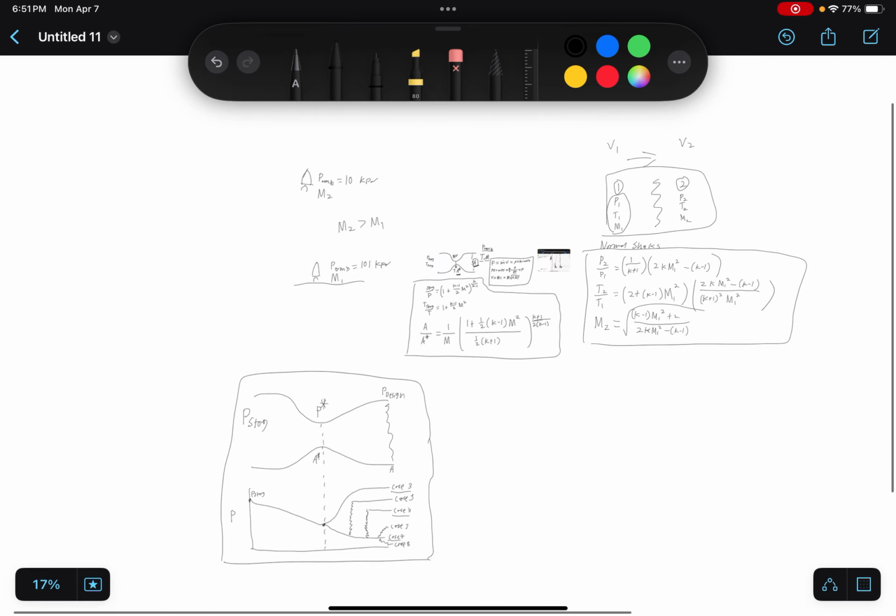Cool beans. That is literally it. That is all of nozzle design. Next, I'm going to do oblique shockwaves and expansion fans. And those are both very important for aerodynamics. Not so much nozzle design, but yeah. Cool beans.